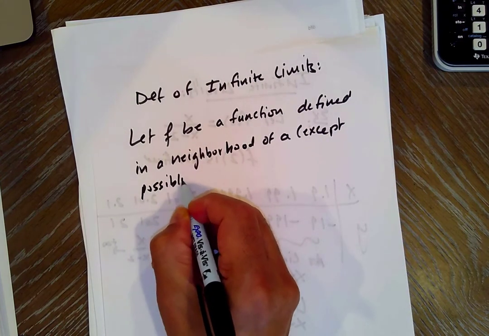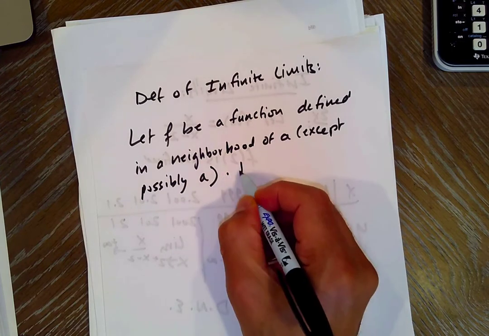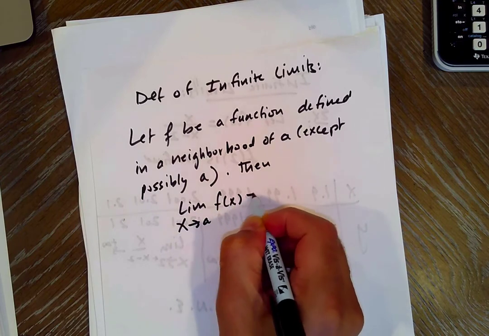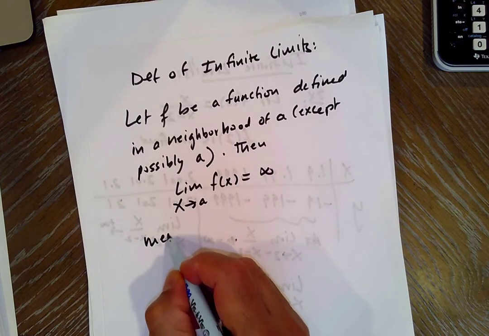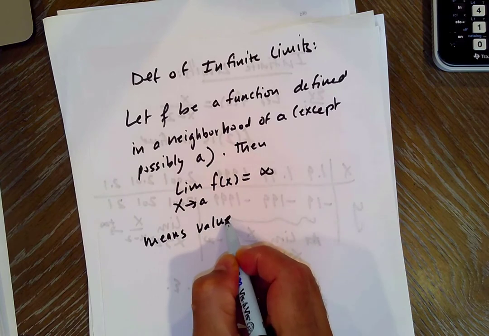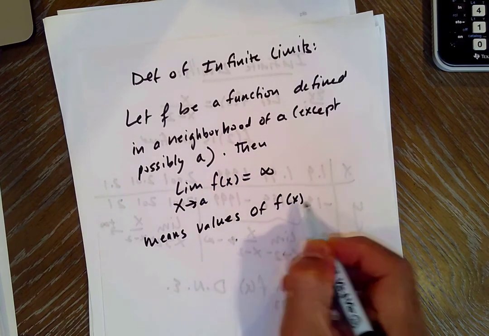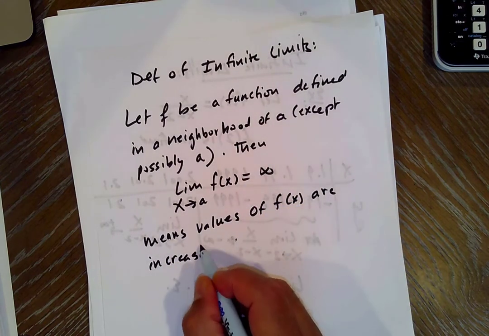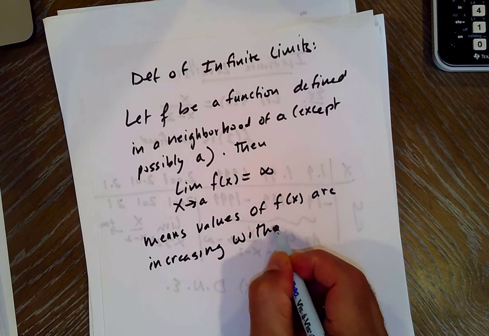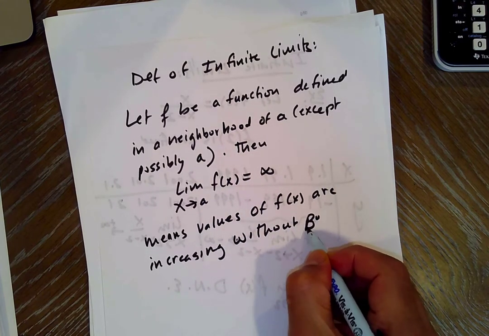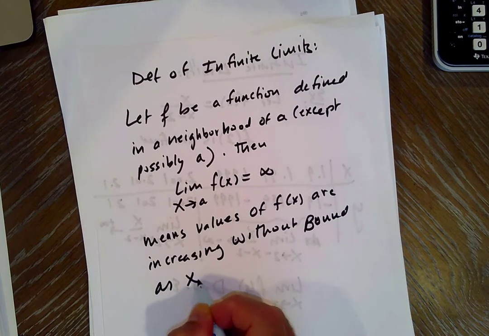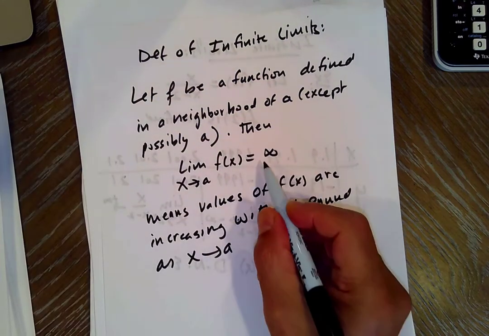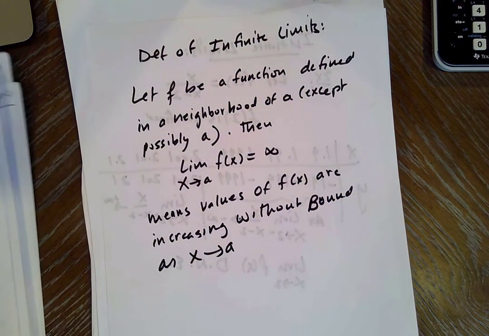So it has to be defined around that number. Then the limit as x approaches a of f of x equals infinity means the values of f of x are increasing without bound as x approaches a. And like I said, if this was negative infinity, it would be decreasing without bound.